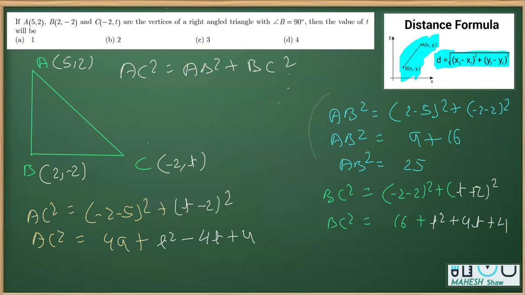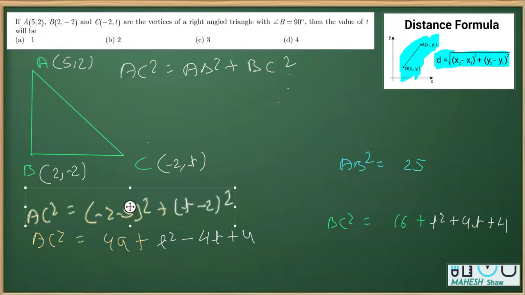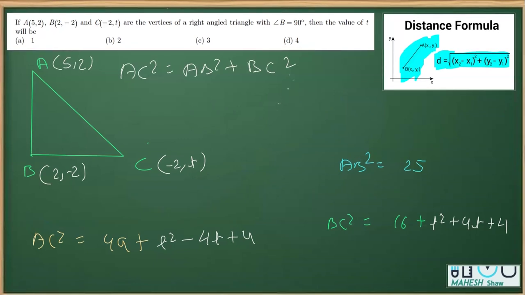Now, as I said, we are going to place these values in the Pythagoras relation to evaluate. AC square is from here, so that's how I'm taking this AC square, and I placed it here.